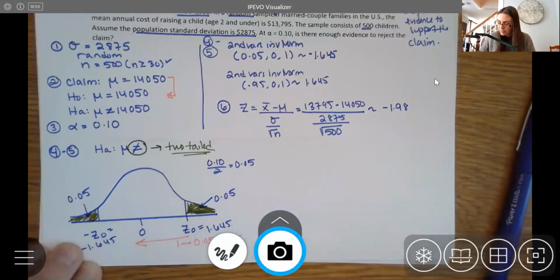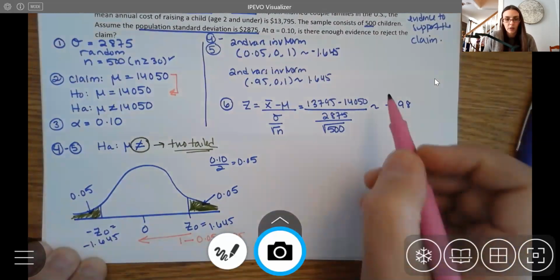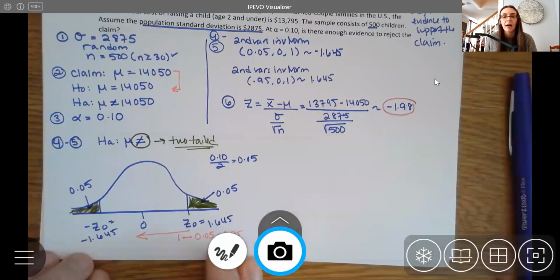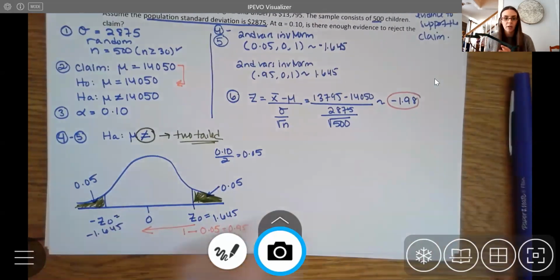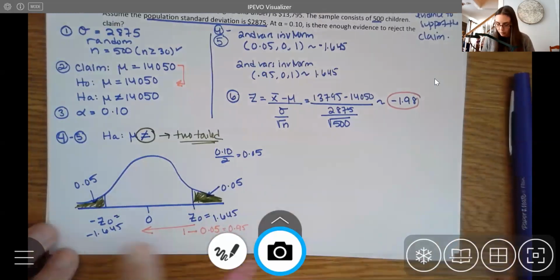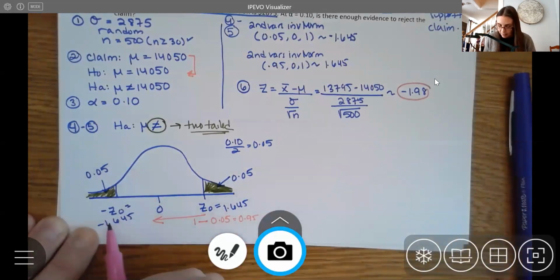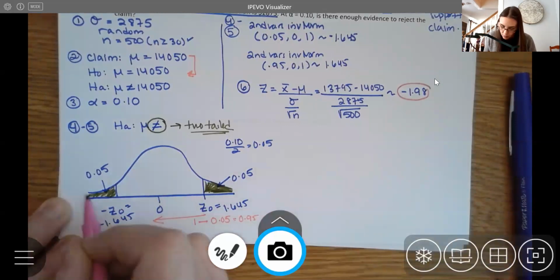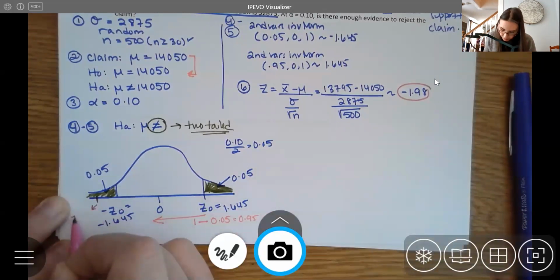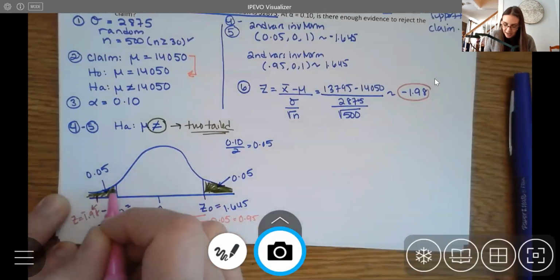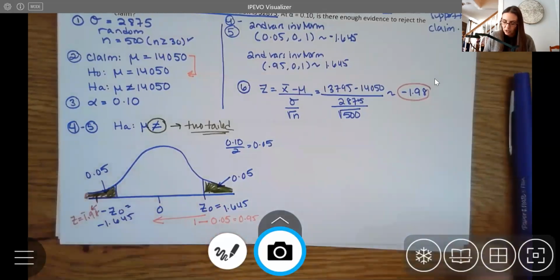So what you want to do is fit that negative 1.98 on your picture. Where does it go? So think about it, right? It's definitely on this side. It's a negative. And negative 1.98 is almost negative 2, which is going to be somewhere down here. It's going to be past the negative 1.6, right? So maybe it's like right here. So that is definitely in the rejection region here.